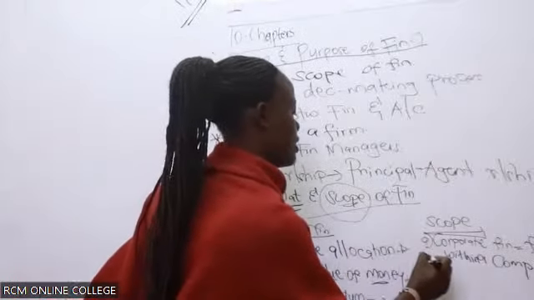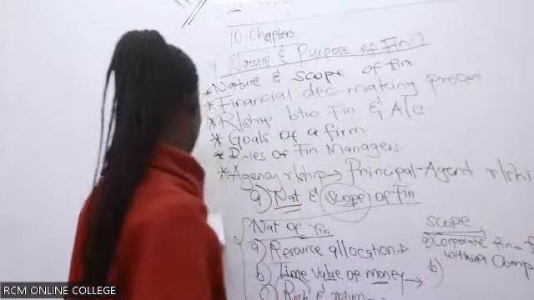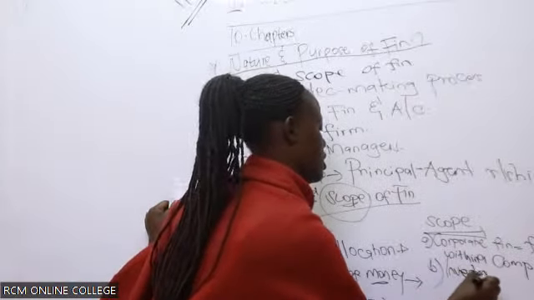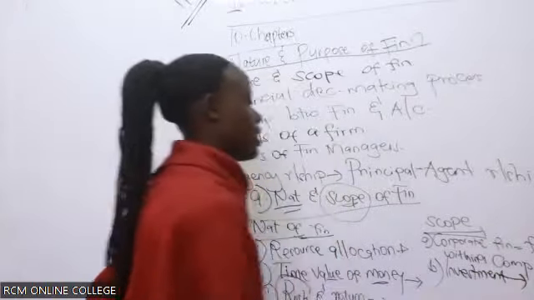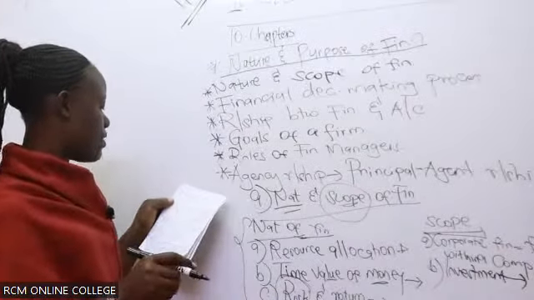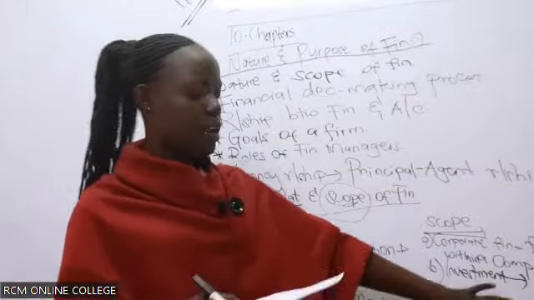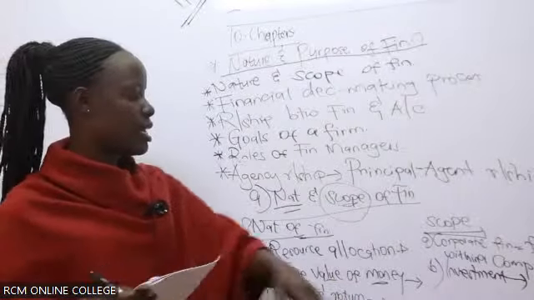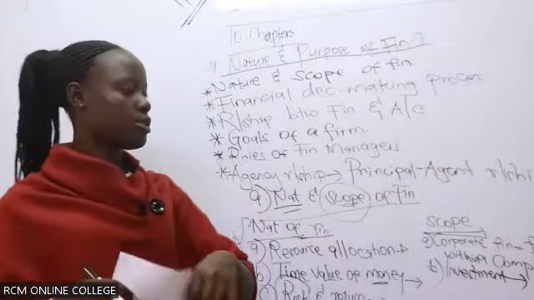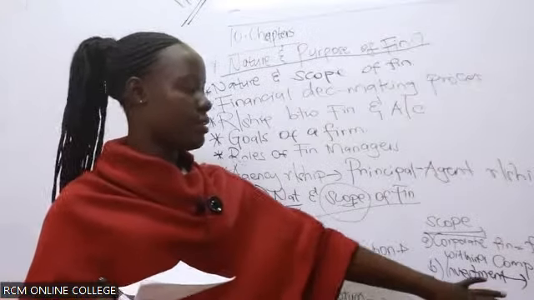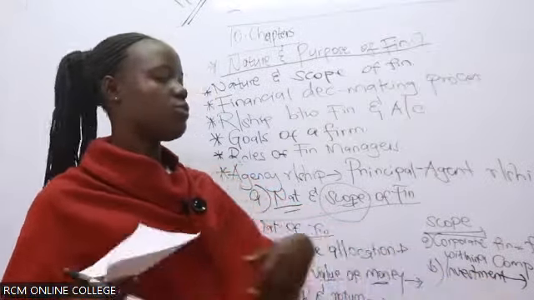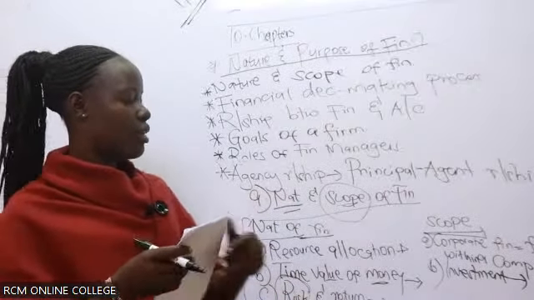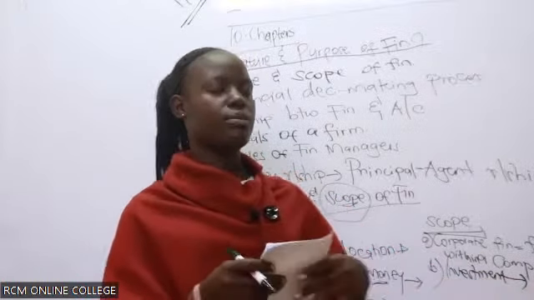Second scope of finance, we can look at investments. This is another aspect on the scope of finance. Here we can say allocation of capital into various financial assets. This is a situation where finance managers allocate funds into various financial assets of the company with the goal of achieving an optimal return.